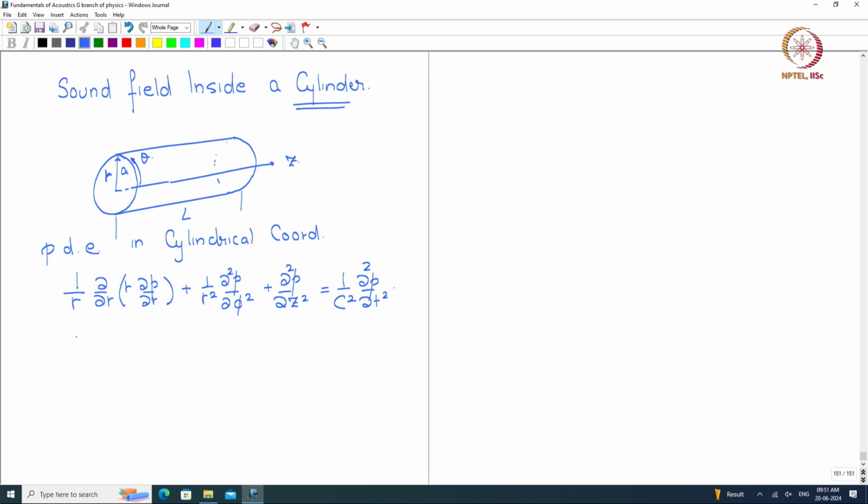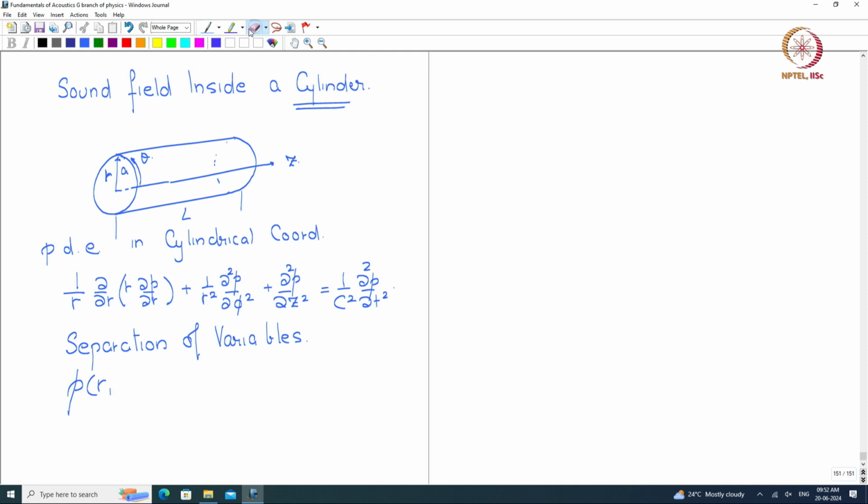Again we will use the method of separation of variables. Okay. So, we substitute for P of R, phi, Z, T. Okay.